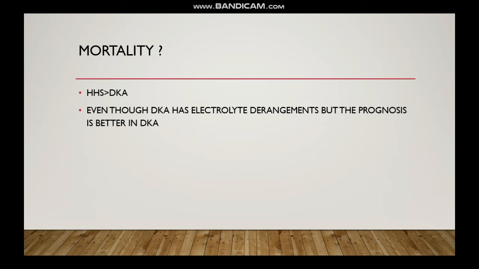Mortality: HHS leads to coma, drowsiness and altered mental status. As you can see, patients with HHS have higher mortality, nearly 5 to 10%, and in DKA it's less than 1%.